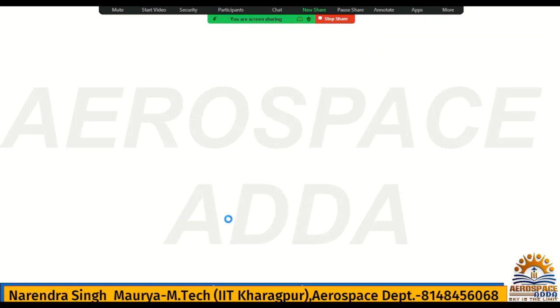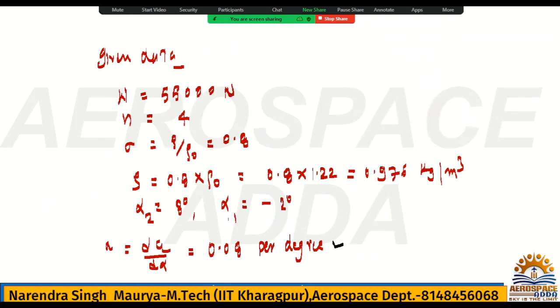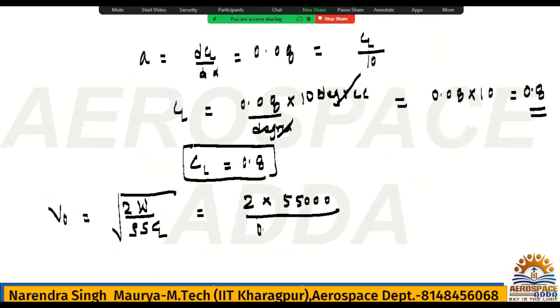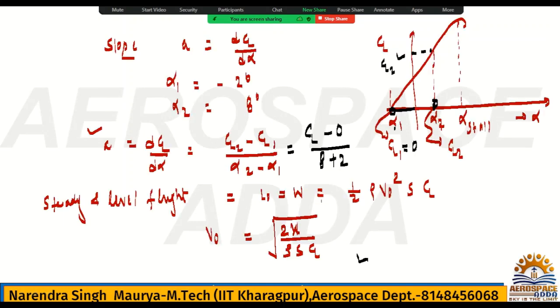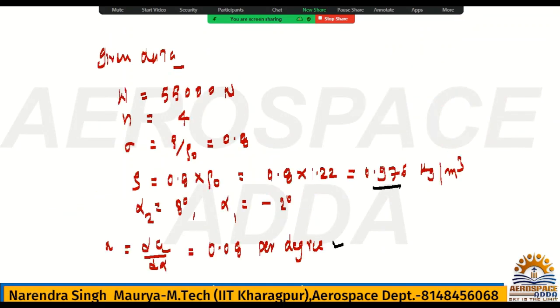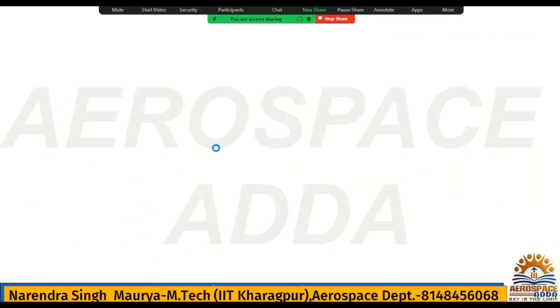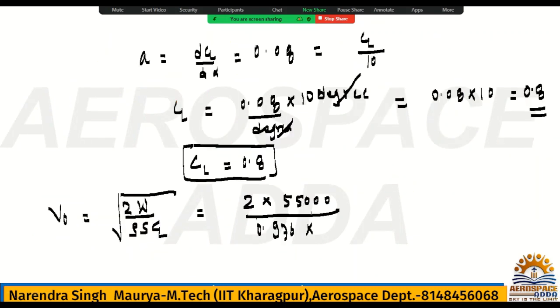What is the rho density at that particular altitude? You have calculated 0.976. Area is nothing but here, see, this is 28 meter. You can keep this value, into CL, you have calculated 0.8.